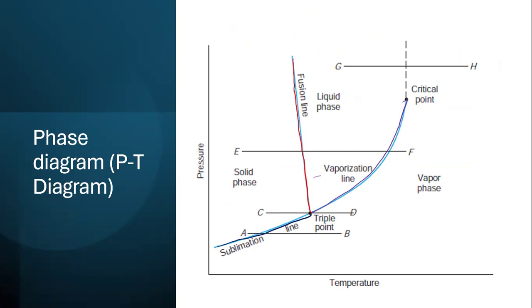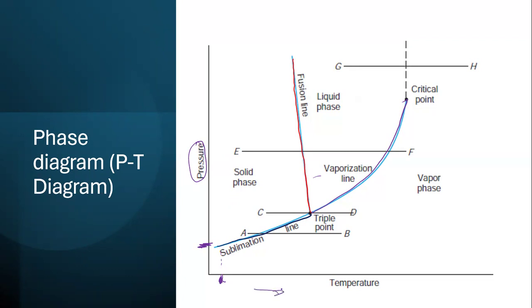Now let's start with the sublimation curve. I said to you sublimation happens at the lower pressures. On this side of the Cartesian plane we have the pressure, and we can tell that the pressures over here are very low. You can tell that we have low, negative temperatures.